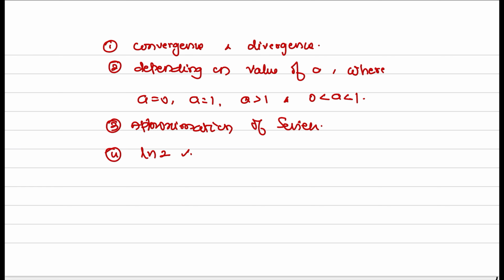And we have seen for different values of a, a is equal to 0 and a is equal to 1, how to find out the sum of the series. It's a harmonic series. We have got a concept on it, and it's an excellent example for practice.